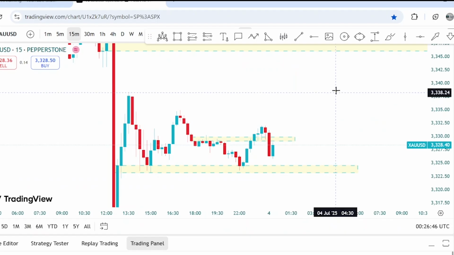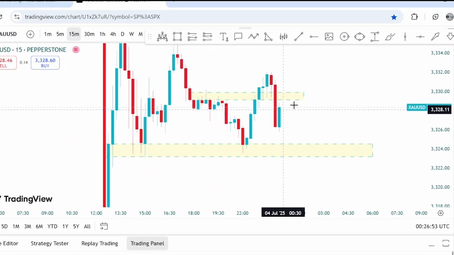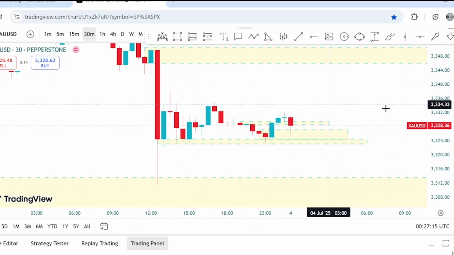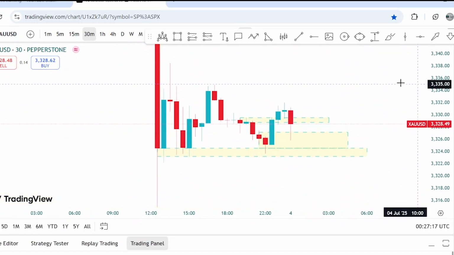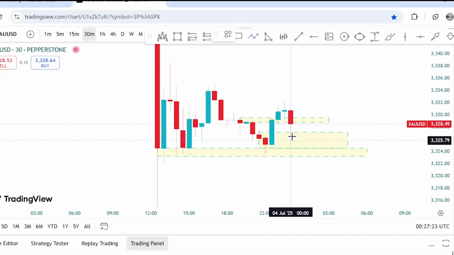So now we made a higher high. Then after that, we created a higher low from this area. So what am I expecting from here? If we stay bullish from here, if we close bullish and start creating highs, this is an entry, by the way.